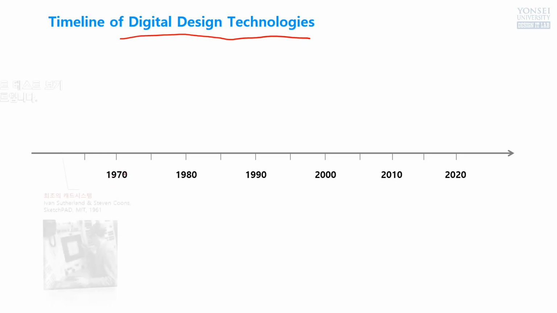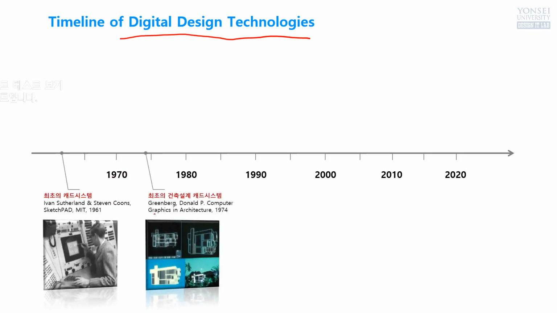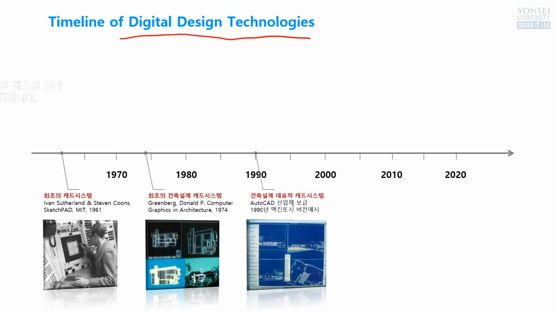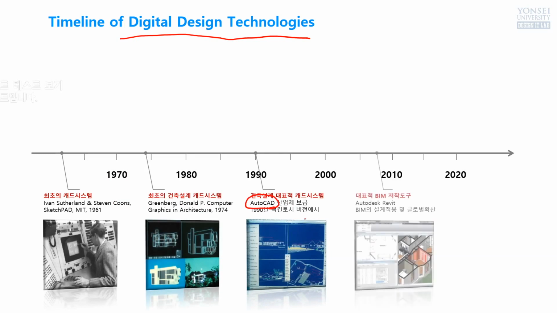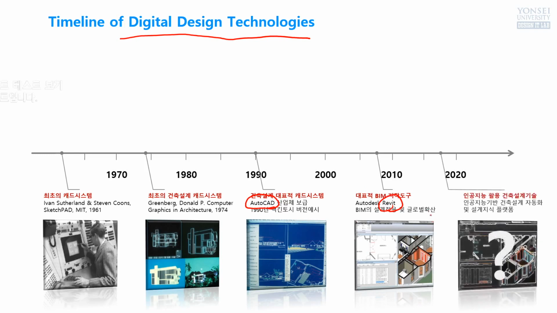Anyway, take a look. The first CAD system, Sketchpad, the first architectural CAD system, the very well-known AutoCAD system in the 1990s, and Revit in 2000 to 2010. It's commonly popular in architectural firms or some industry. And the next phase, okay? We are in here, 2020.